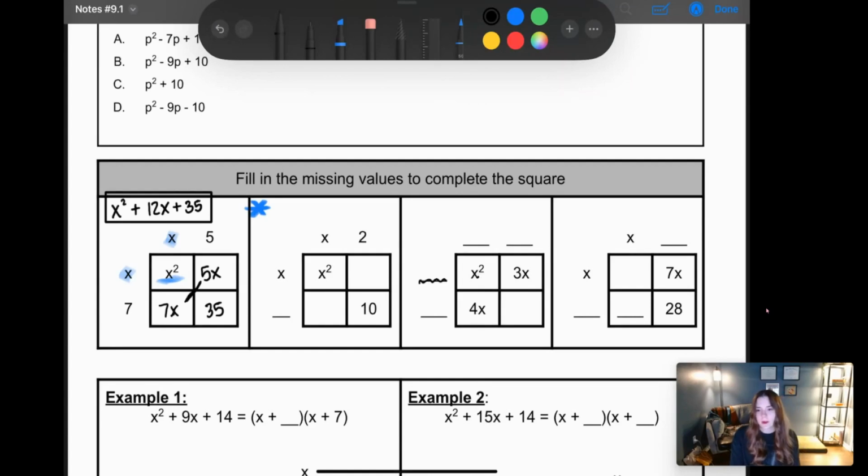So x squared. Well, what would have had to have multiplied together to get x squared? x and x, right? Just like on our first two examples. What about 3x? What would have had to have multiplied with x to get 3x? 3, right? 3 times x is 3x. Now, I have x up here and I have 4 down here. What would have to multiply together with x to get 4x? 4.